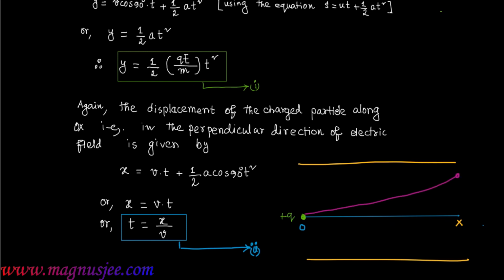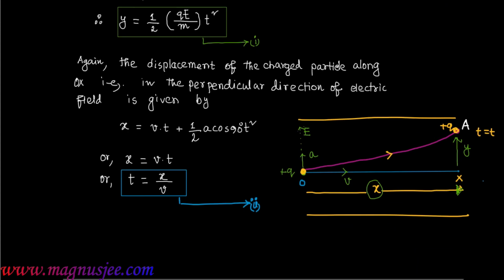The resultant motion of the charged particle will be along the curved path, that is along OA. x is the displacement of the charged particle when it travels from O to A along OX in time t, and y will be the displacement of the charged particle in the direction of electric field E. a will be the acceleration of the charged particle in the same direction as the electric field intensity E.